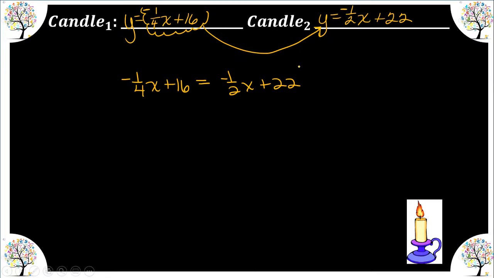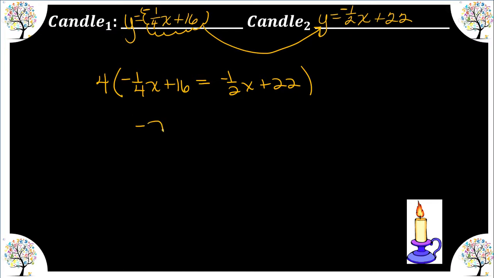Now, I'm going to go ahead and apply that mathematical practice of getting rid of my fractions by multiplying the entire equation by the least common multiple, which is going to be 4. So I'm going to multiply everything by 4.